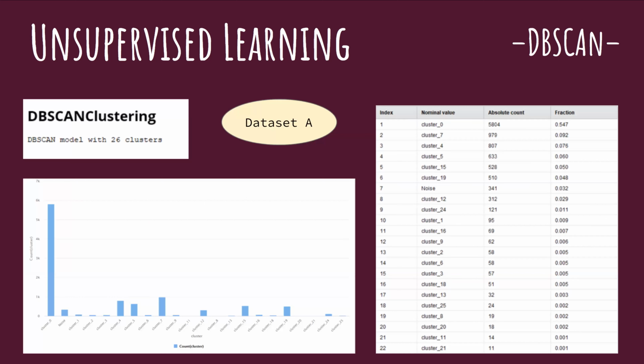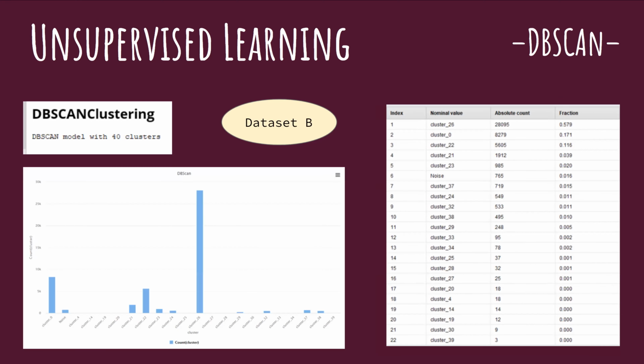For the first data set, we get 26 clusters, which is very close to the original number of classes in data set A. And you can see that cluster 0 takes 50% of the data set, which is maybe the normal class in data set A. And since data set A is an imbalanced class, the rest of the clusters might not be accurate.